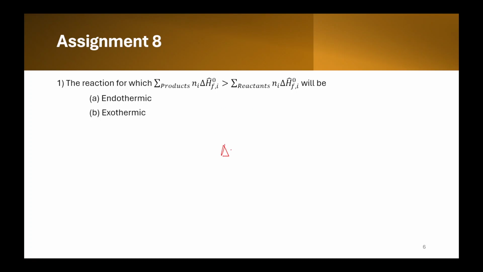We write the formula for the standard heat of reaction. If we are given the standard heats of formation, it is the summation over products of n_i delta H_f,i standard, specific, minus the summation over reactants of n_i delta H_f,i standard, specific. If the product term is greater than the reactant term, delta H reaction standard will be greater than 0.